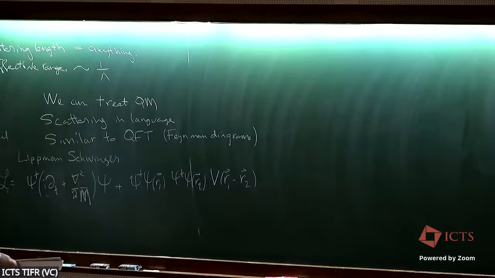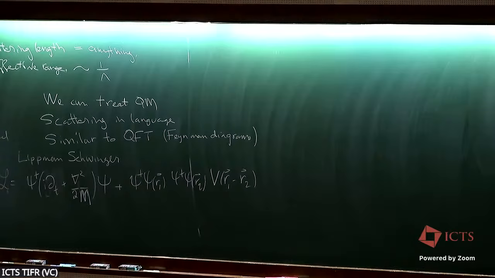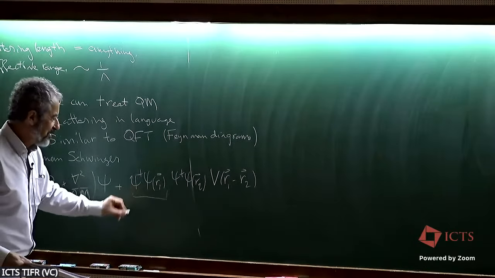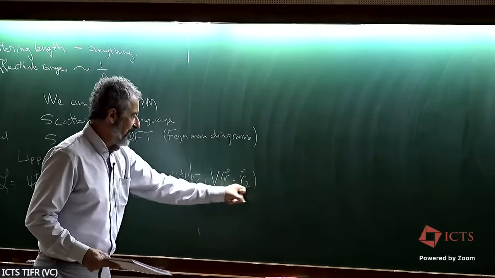And then to get the action, you'll integrate this over space and time. And this just says you have some particle density at r1, some particle density at r2, and the potential between them.